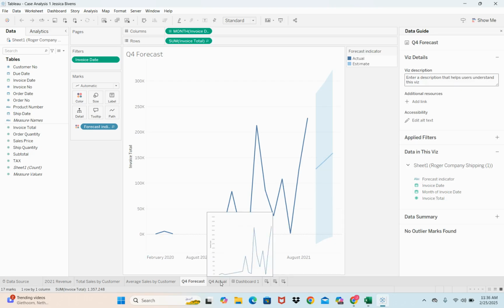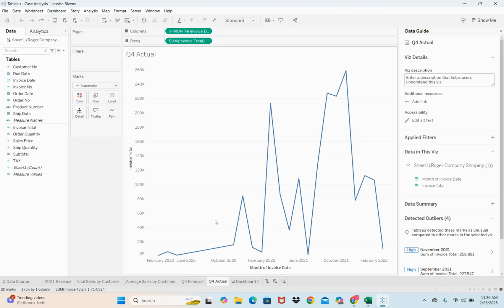Under the next worksheet named Q4 Actual, we can see that the actual sales for each month were as follows. So we have October here, and the actual sales were 223,082, which were higher than forecasted.